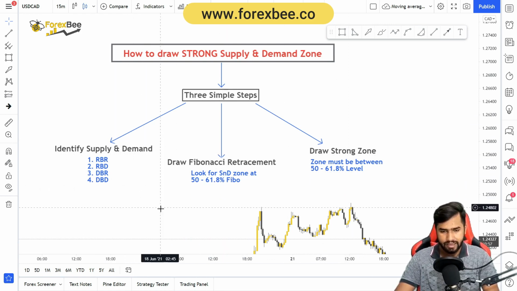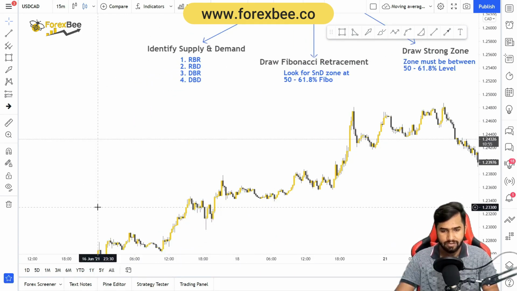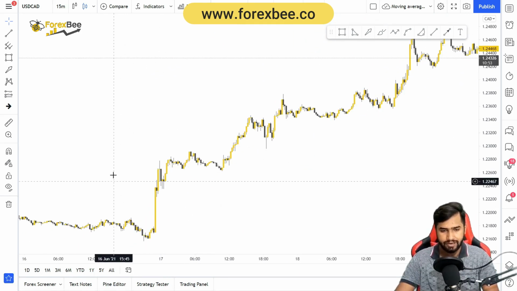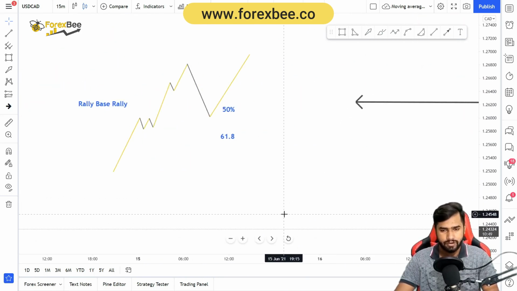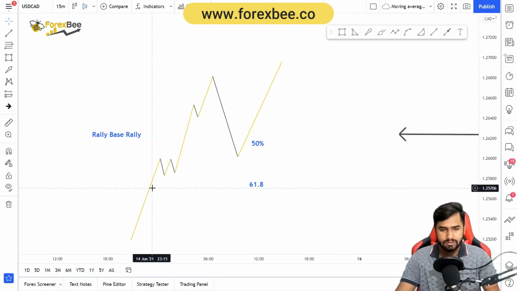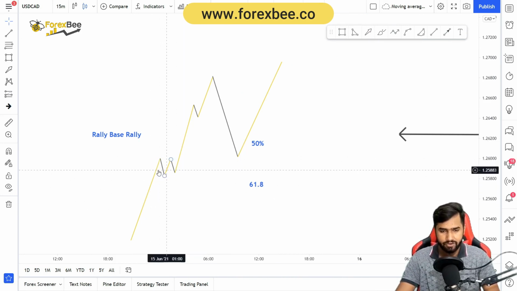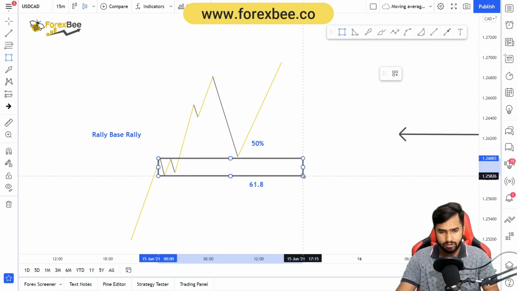And in the end, we're going to go through some examples on the charts in order to validate what we have discussed. So here, let me just zoom in. The first step is determining the supply or demand zone. Once we have found out that there is a demand zone, we need to draw that zone. Let me go ahead and draw that zone here.